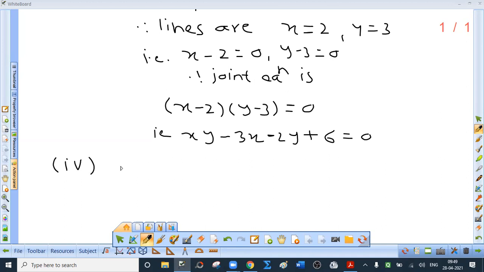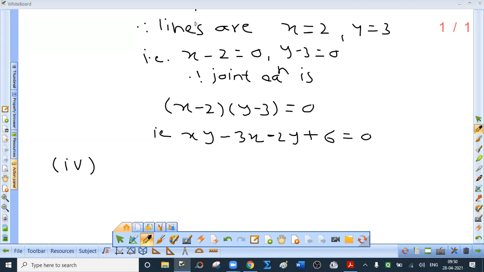Now, the fourth sum is passing through 2, 3 and perpendicular to the lines 3x plus 2y minus 1 equal to 0 and x minus 3y plus 2 equal to 0. See, in CET, we can write directly, but in board exam, we have to write the solution in detail.